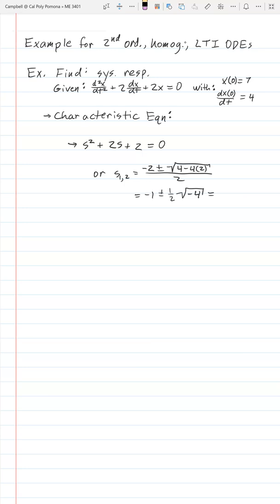And so we get -1 plus minus j1. Now, some people will just write j. That's perfectly fine as well. But nonetheless, I generally like to write the magnitude associated with the complex component explicitly. And again, I'll just remind you that j is equal to the square root of -1.